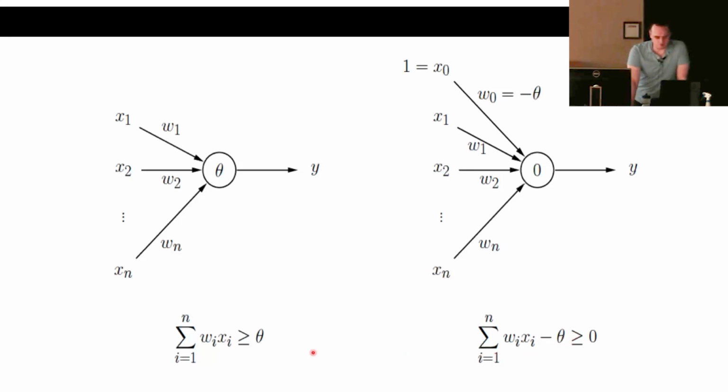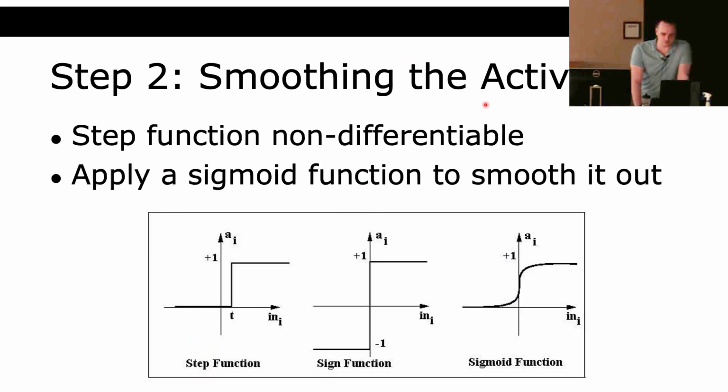So down here, where it was the dot product greater than or equal to threshold, now we have the dot product minus the threshold greater than or equal to 0. But because this has its own weight, then this will be figured out. We no longer have to calculate these thresholds. This will be part of this process. Okay, so that's the first part, is getting rid of that. The second part is somehow smoothing that step function, okay? So the step function is non-differentiable.